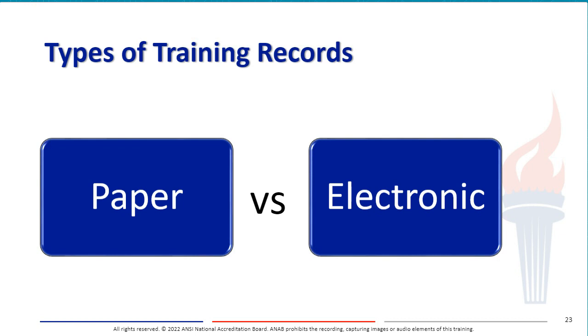Regardless of the type of training record, ensure that the records document the necessary competence, the activities to acquire that competence, evaluation of the effectiveness of the training, and any ongoing competence as required.